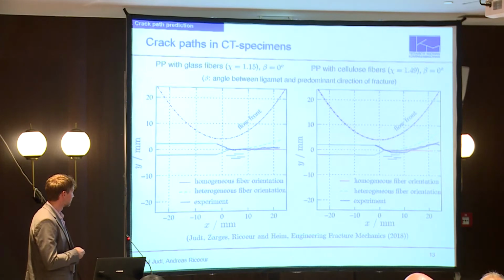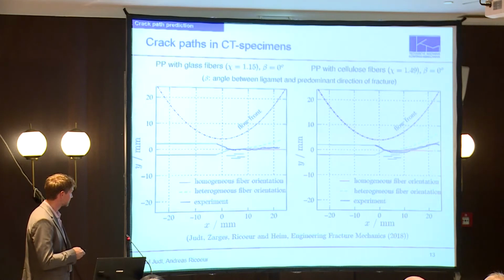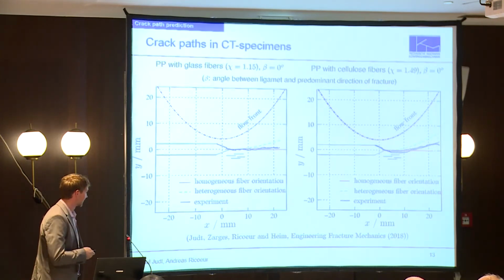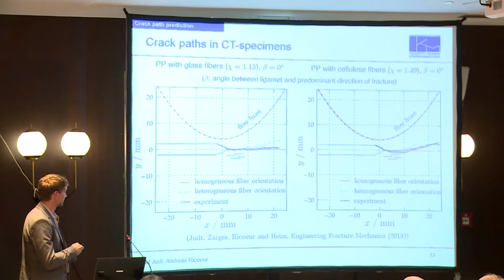First, a homogeneous assumption: in this case, we have fibers in the whole specimen always parallel to the initial notch. And second, the heterogeneous fiber assumption: here we assume that the fibers are always parallel to the flow front. Furthermore, we have the experimental results here.